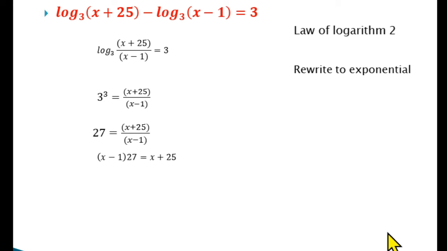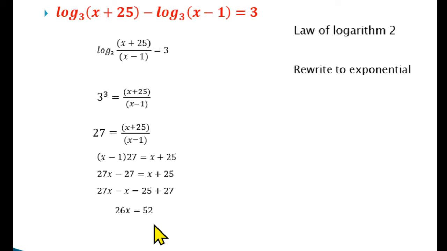Simplifying, we multiply 27 to the quantity x minus 1. We get 27 times x, which is 27x, and 27 times negative 1, which is minus 27, equals x plus 25. Combining like terms, we have 27x minus x equals 25 plus 27.